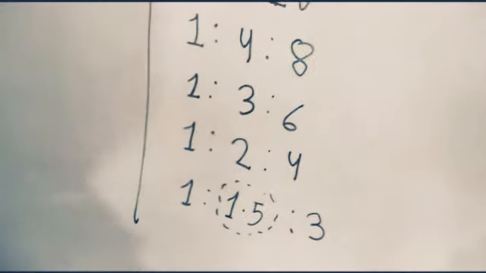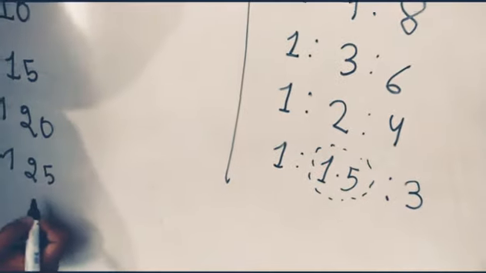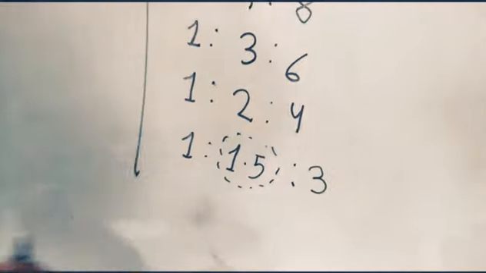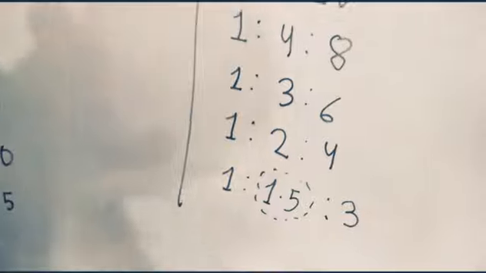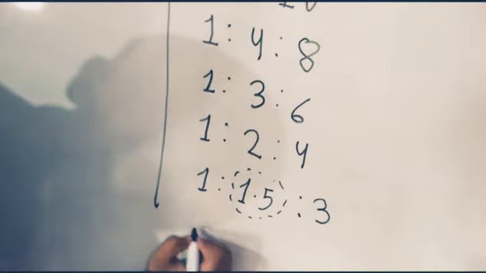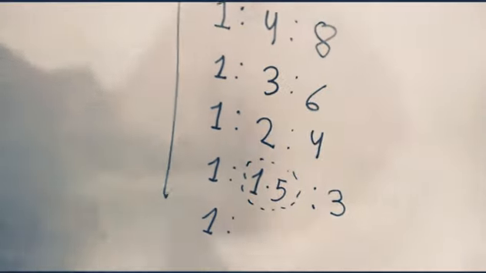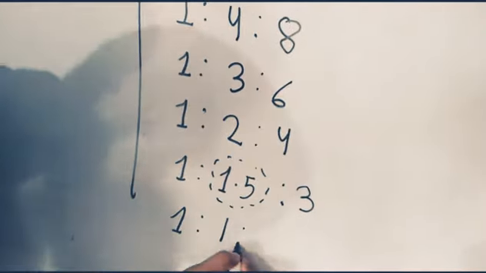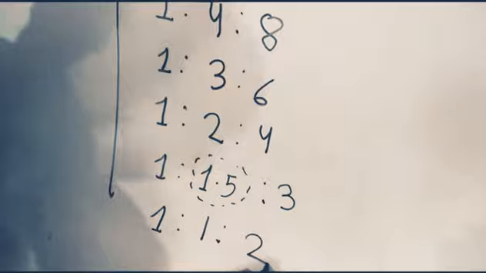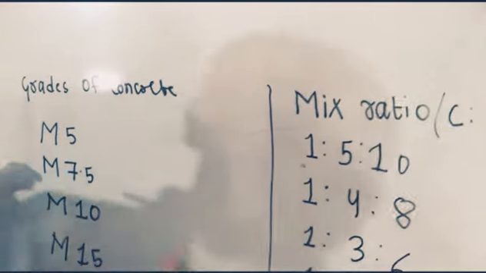For M25, it is 1:1:2. And this much is for the mix ratio and grades of different concrete.